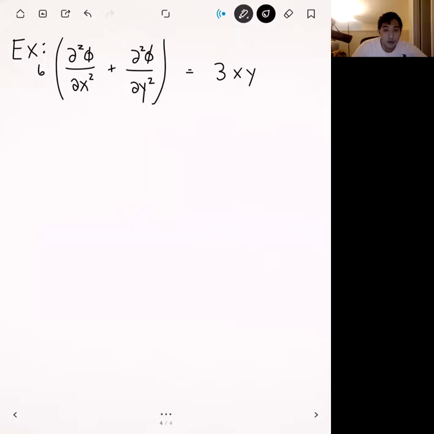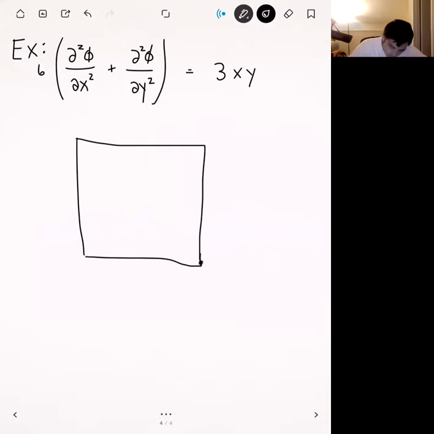Usually, with these problems, I'm going to give you the grid that you're going to be solving it on. Just for the sake of the exam, I'm going to give you square grids, so no weird stuff.